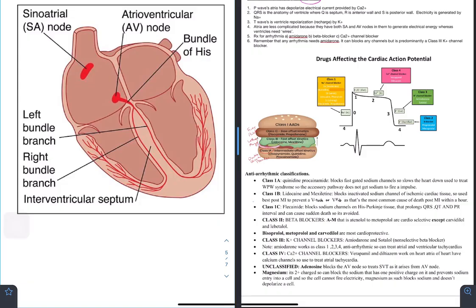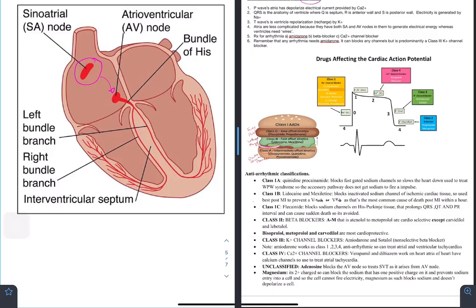Specifically, I'm referring to the pacemaker, or you can call it the SA node for short, the sinoatrial node. This is the beginning of the heartbeat. As the action potential is generated, it is passed along to the AV node, or atrioventricular node.